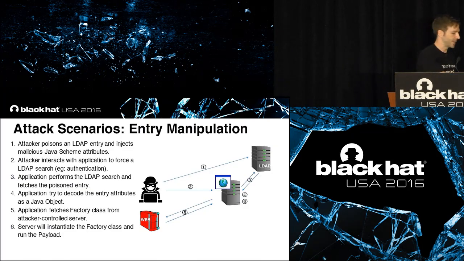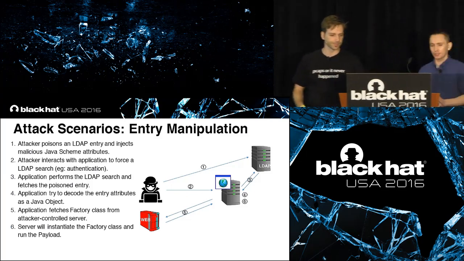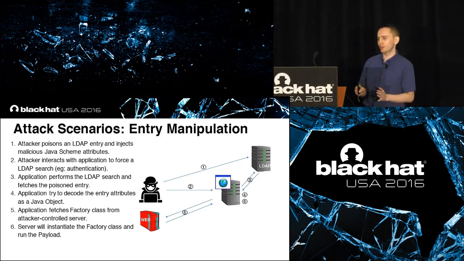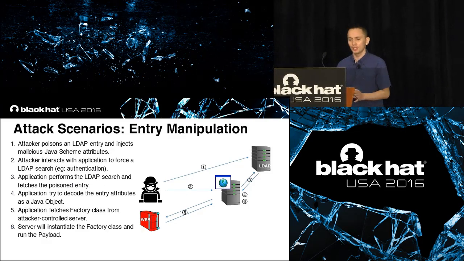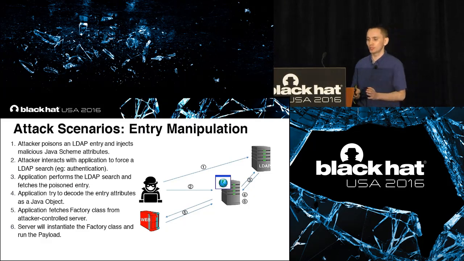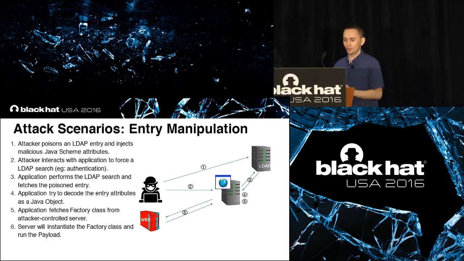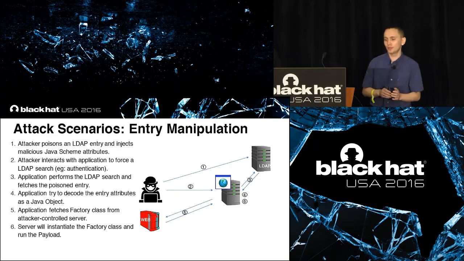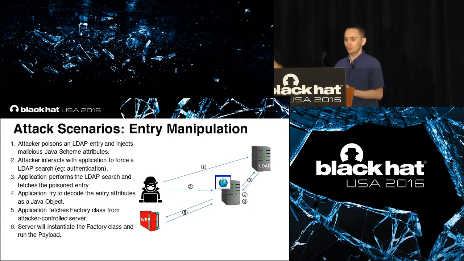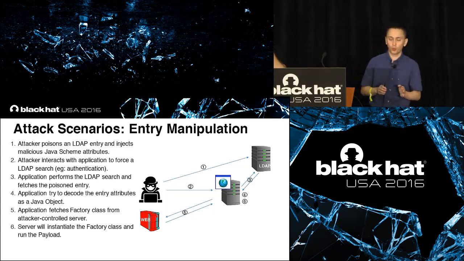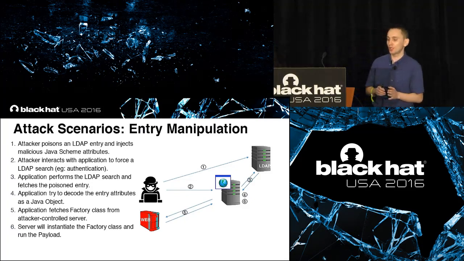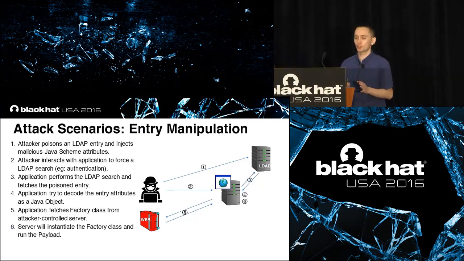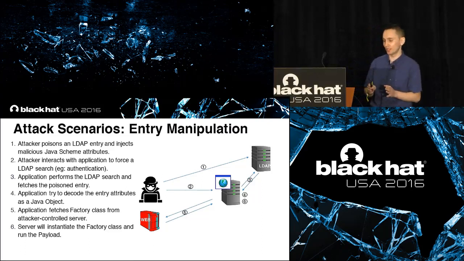So back to Alex. According to this attack scenario, we reduced general processes to the following two. The first one we can see on this slide. First of all, the attacker poisons an LDAP entry in the LDAP server. After that, he interacts with a target application to force an LDAP search, and the application sends an LDAP search request to the LDAP server, and this LDAP server returns our poisoned entry.